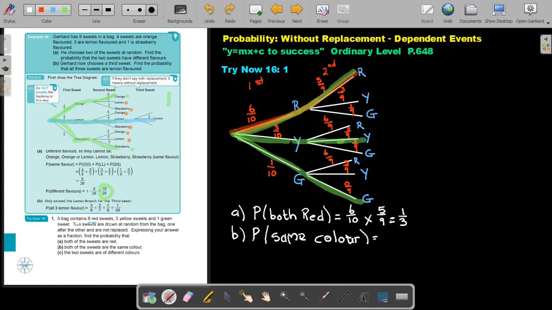So let's just write it. Let's start with the red, red. You can actually just say a third. So you can just say that third plus, and now it's this branch. So it's going to be 3 over 10 multiply 2 over 9.